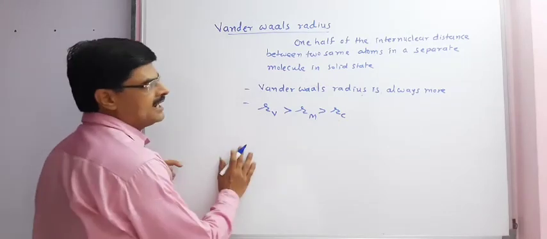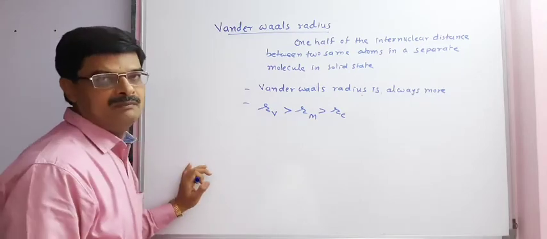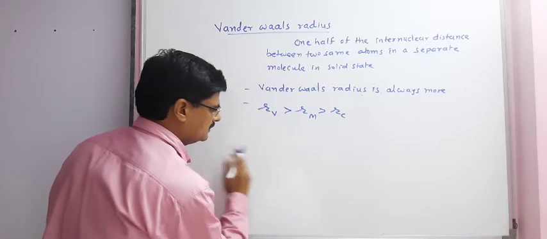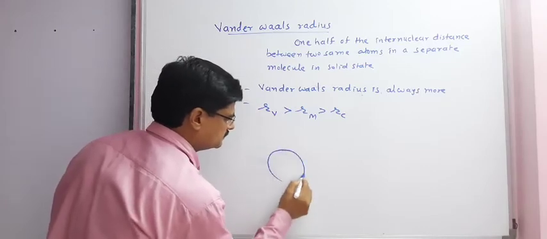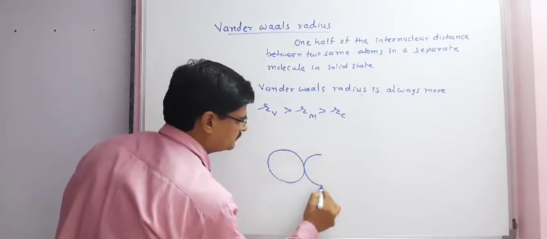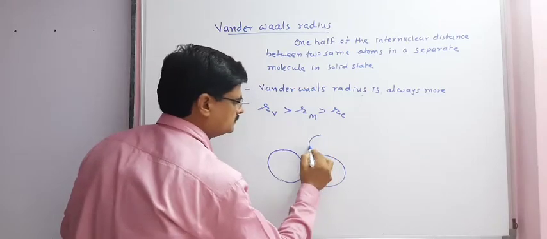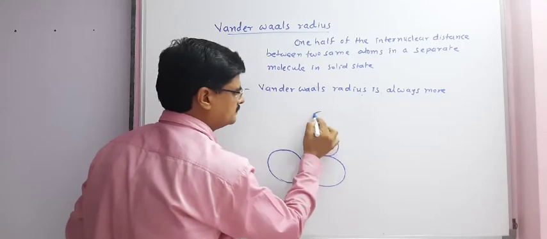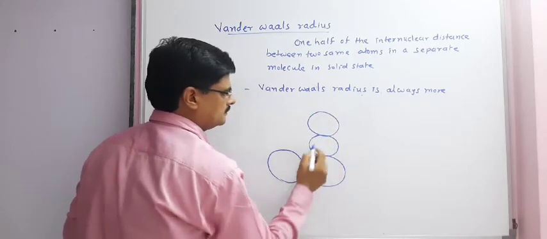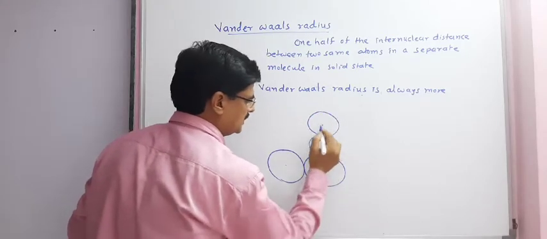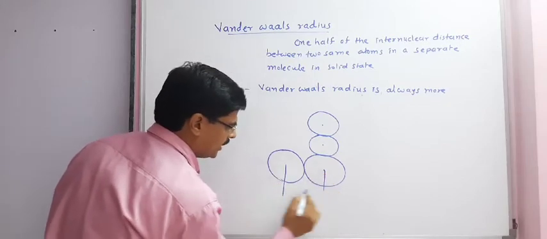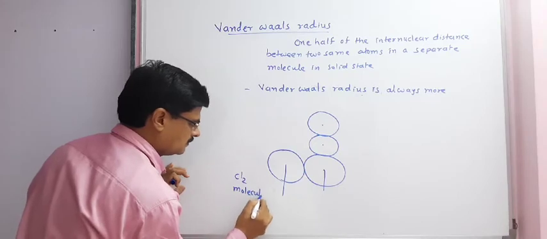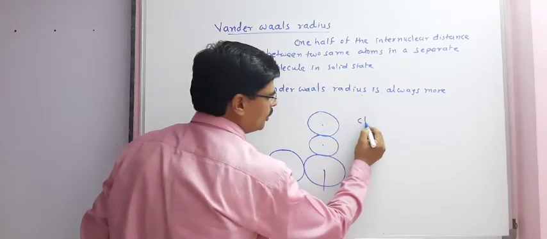To understand Van der Waals radius, we can take example of chlorine. This is a chlorine molecule. This is also a chlorine molecule.